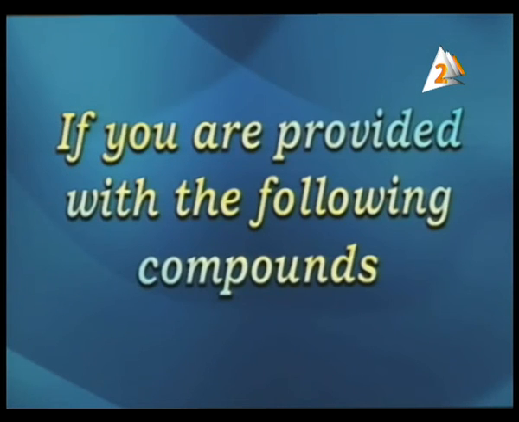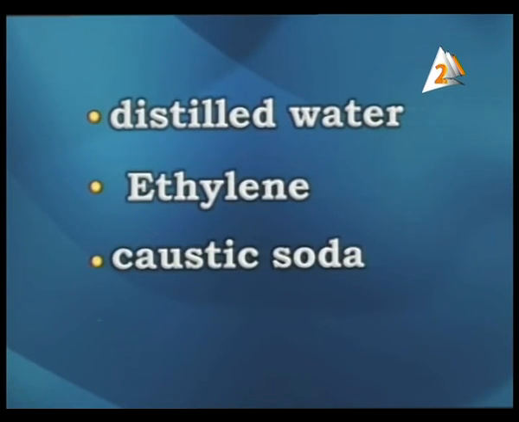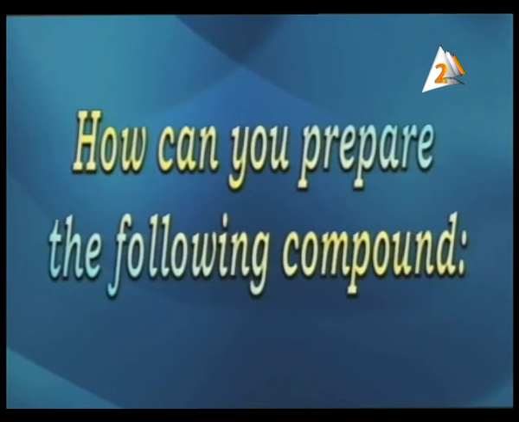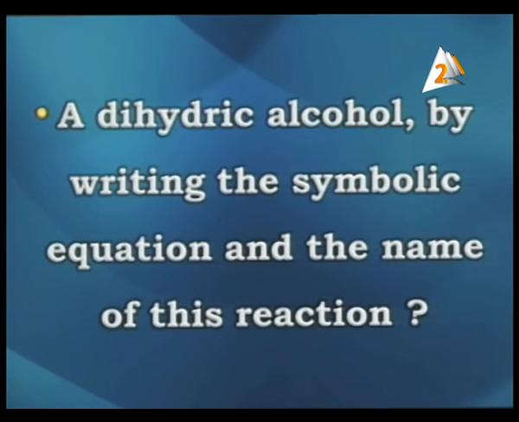Next type of question, my dear student: if you are provided with the following compounds: distilled water, ethylene, caustic soda, potassium permanganate solution, how can you prepare the following compound? Dihydric alcohol, by writing the symbolic equation and naming the reaction.